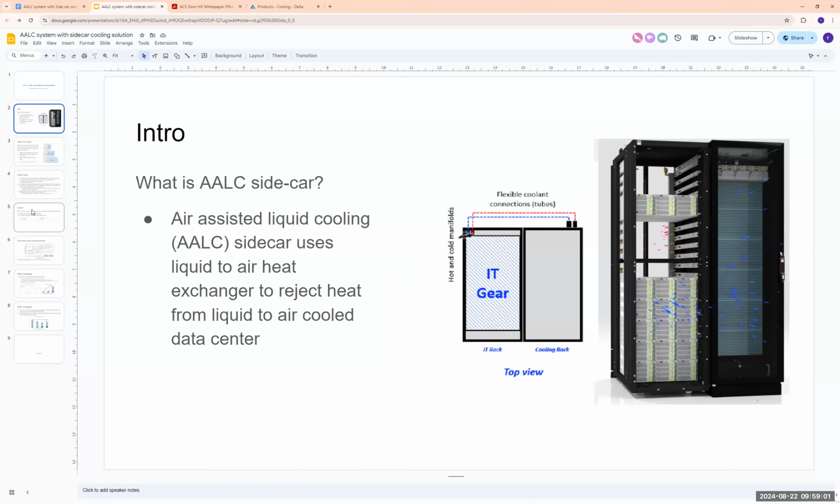So in the sidecar, they also add the condenser for the two phase sidecar. Yeah, so basically in a two phase, yes, the liquids are different. Some of the components inside, you will still have the similar heat exchanger, like the microchannel heat exchanger that Juan was talking about.